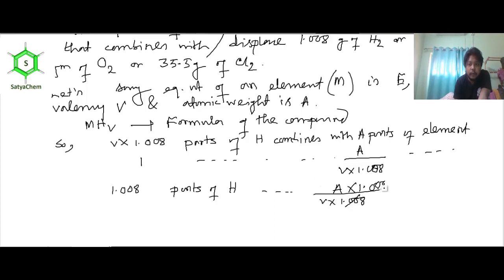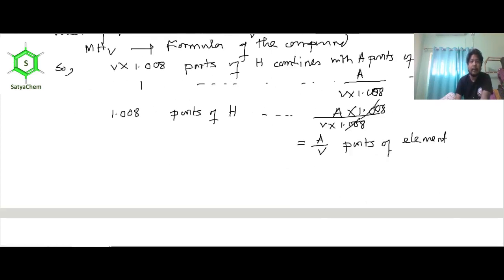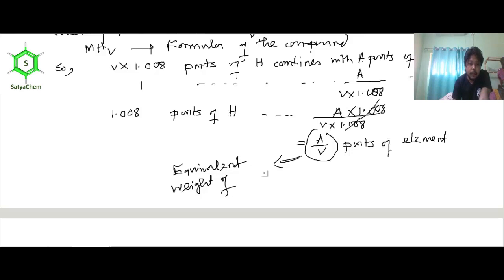Now 1.008 and 1.008 cancel out, so it becomes A by V parts of element M. In that case, I can say that this A by V is the equivalent weight of M. Clear?